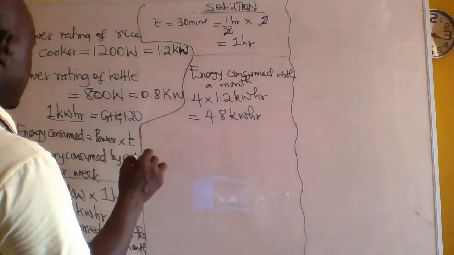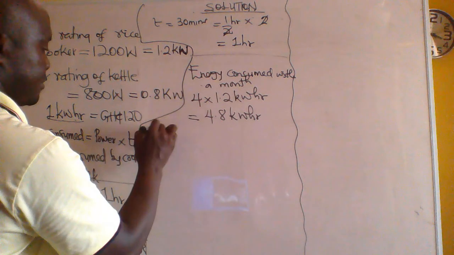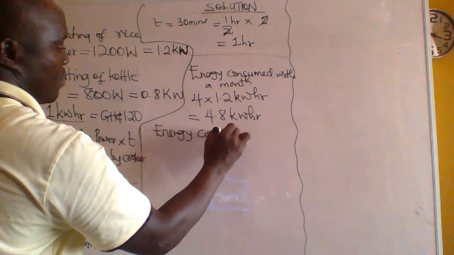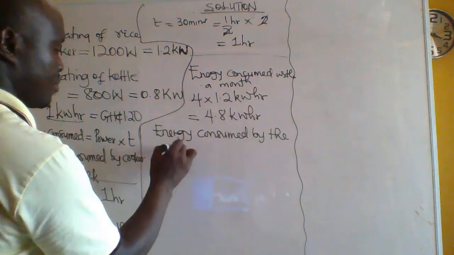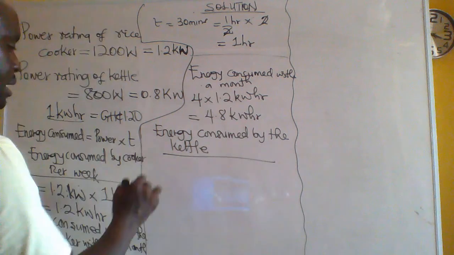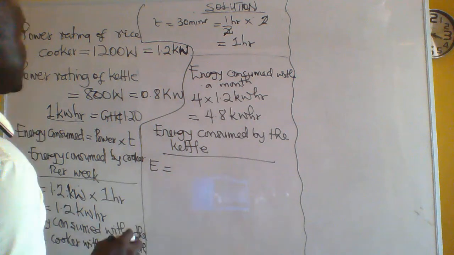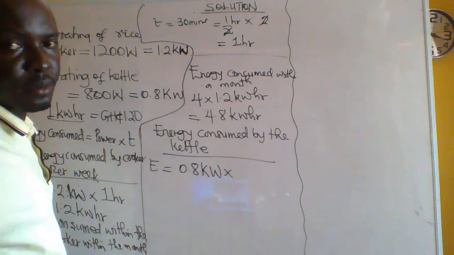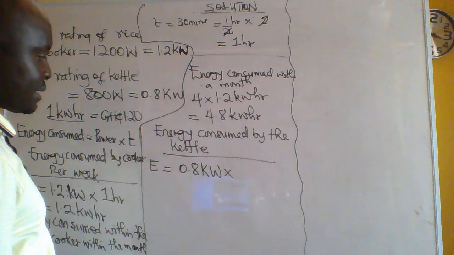So let's look at the energy consumed by the kettle. We have the kettle's power rating, which is 800 watts, so 0.8 kilowatts times the time.